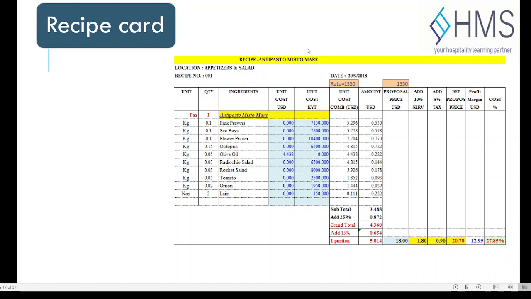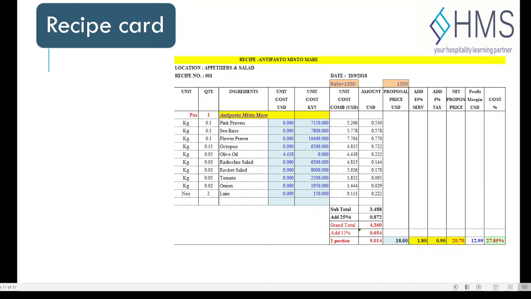And this cost here, what you see, is going to be the net yield. So now with the pink prawns, the prawns come with the head and tail, right? So if in this recipe you are going to use them without head and without tails, then this 100 grams is going to be the net, right? So the unit cost is the net yield cost, not the purchase price. So you have to remember that.